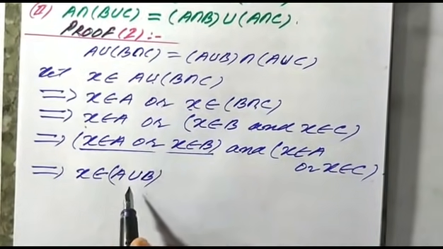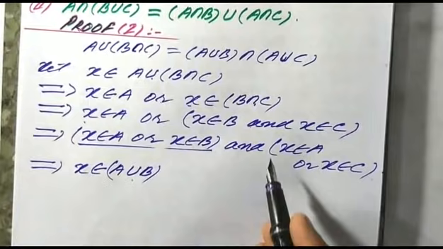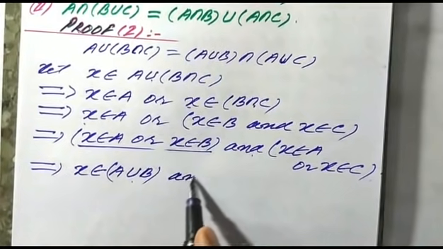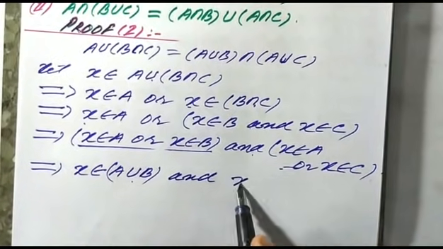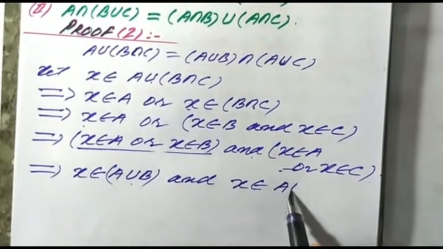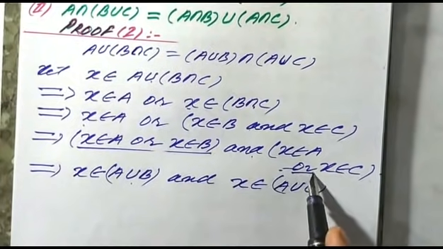Because of the word OR we use the operation union, and AND stays as it is. These two statements may also be written as X belongs to A union C because of the word OR.